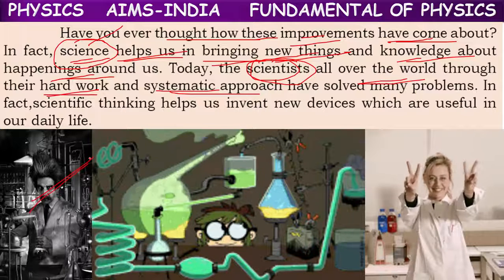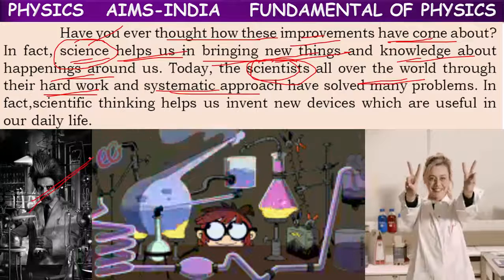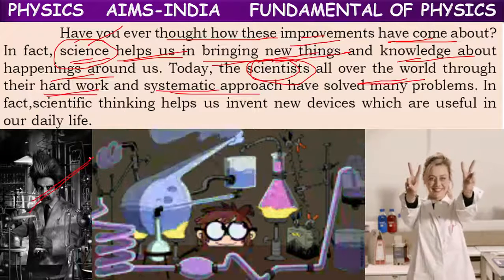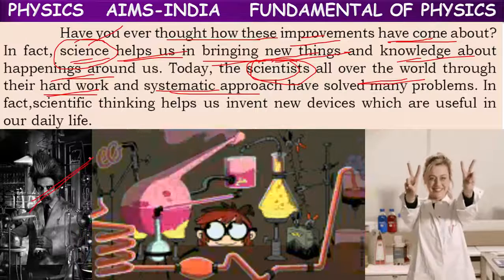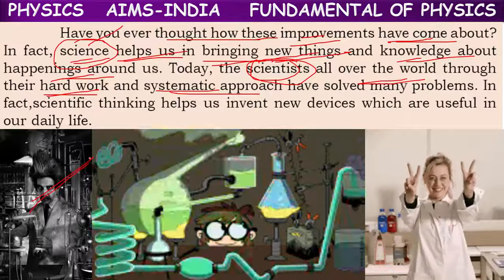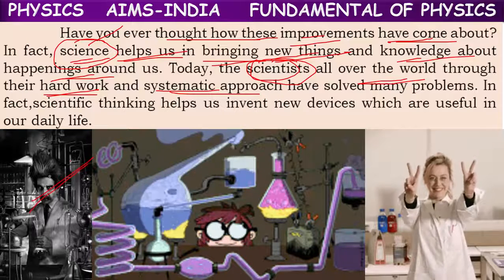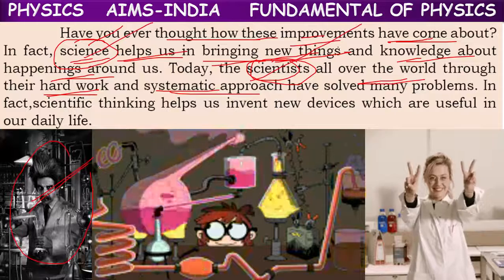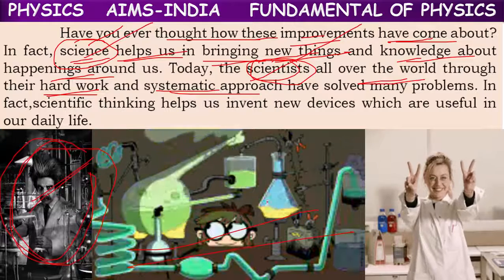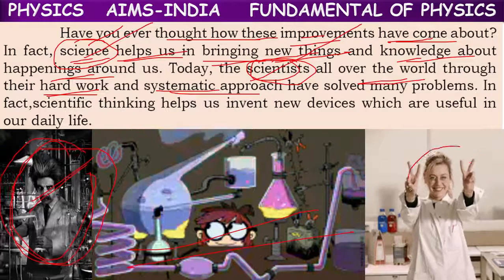Suppose for inventing the electric bulb, they spent some years inventing one bulb, and they failed so many times. Finally, after trying 100 times, 200 times, they succeeded. We have to give the credit to science and scientists who do a lot of work with the help of their experiments, and finally they are succeeding.